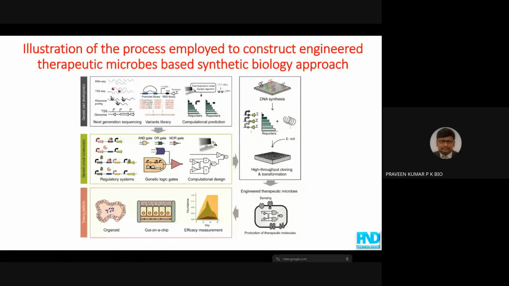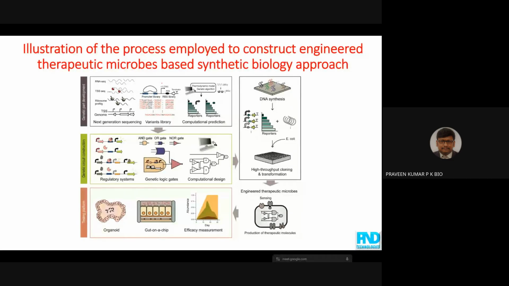There is an illustration of this process employed to construct engineered therapeutic microbes. Presently we came to know that we have gene-modified therapeutic mosquitoes. What do you mean by therapeutic mosquitoes?